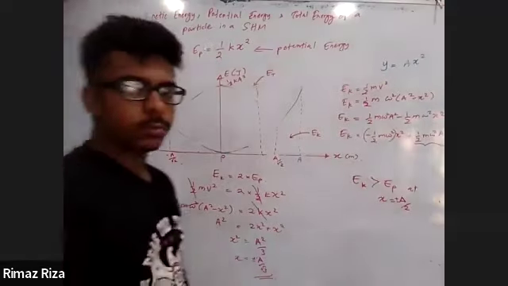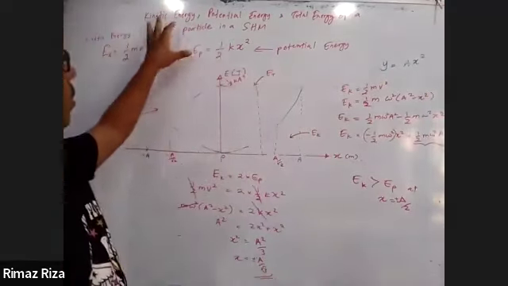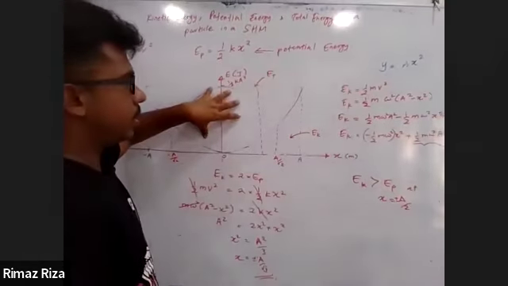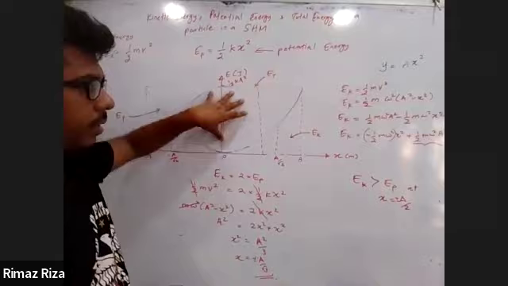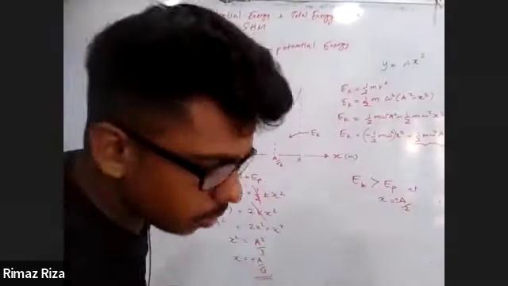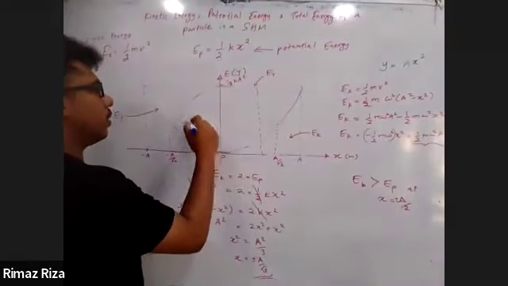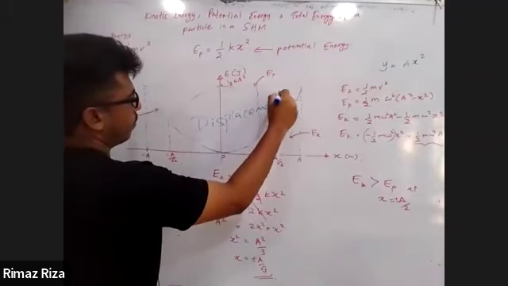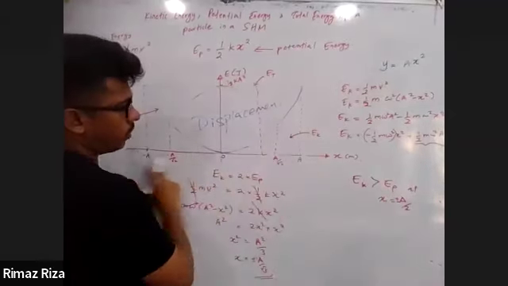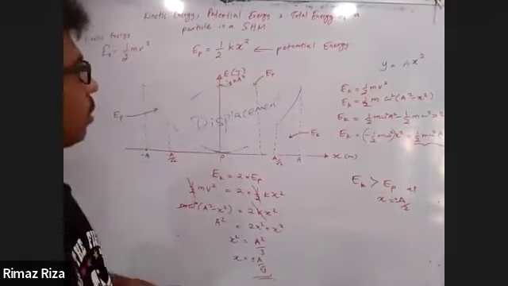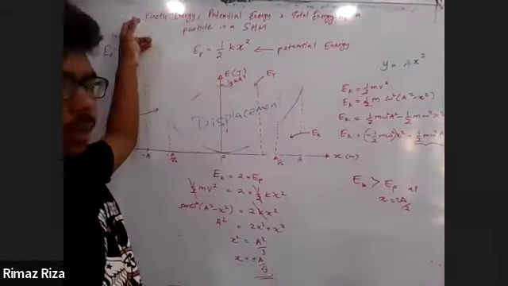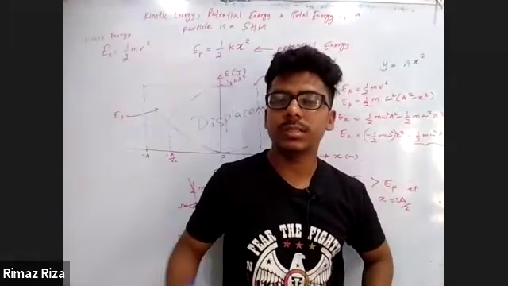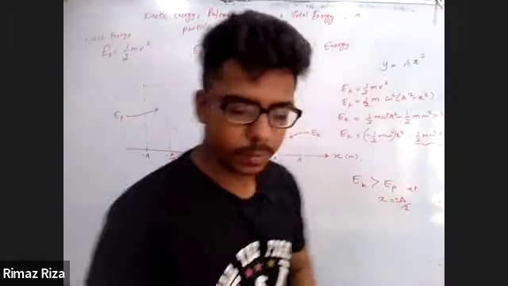So the next one. Now here we plot the variation of kinetic energy, potential energy, and total energy with displacement. Okay. So the next topic: the variation of kinetic energy, potential energy, and total energy with time.